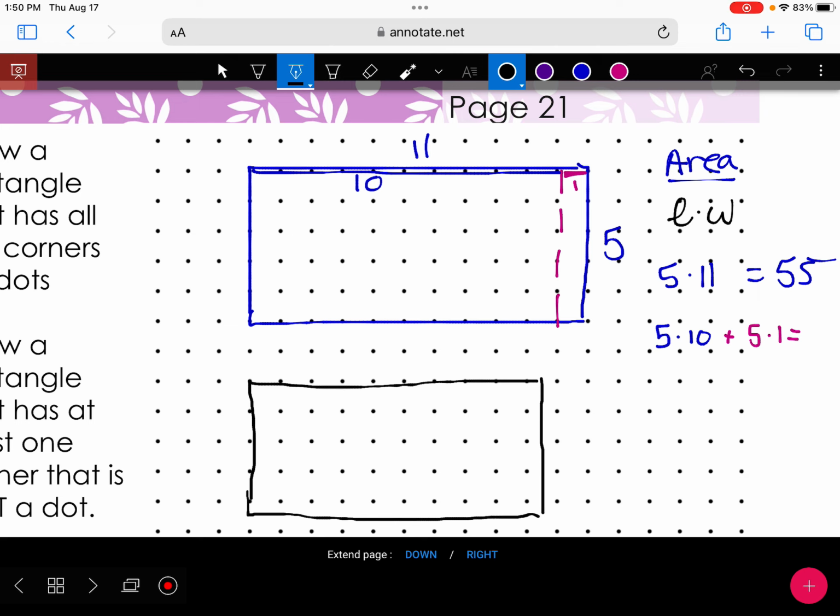I don't have the information. Maybe we measure and we find out that this one's still 5. This one, maybe we know this one's 4, but I don't know what this piece is.